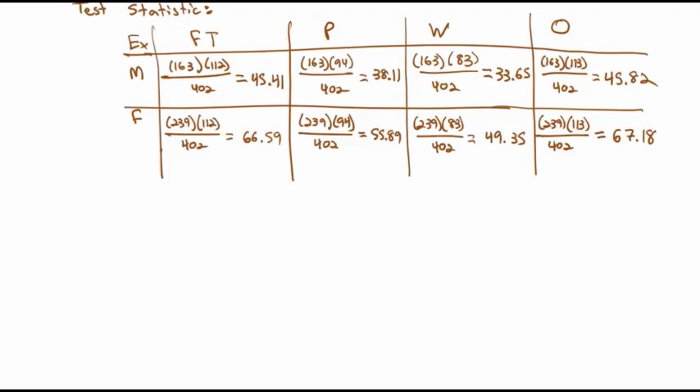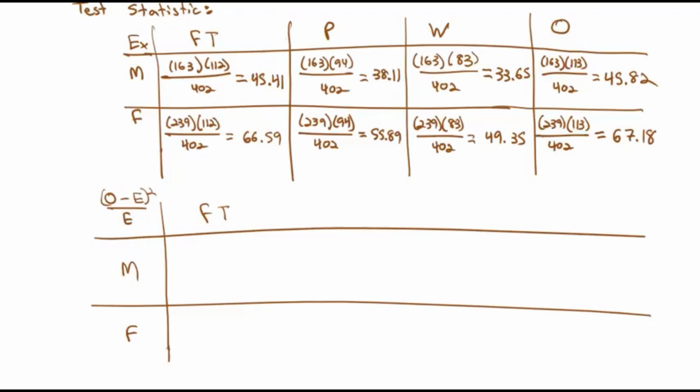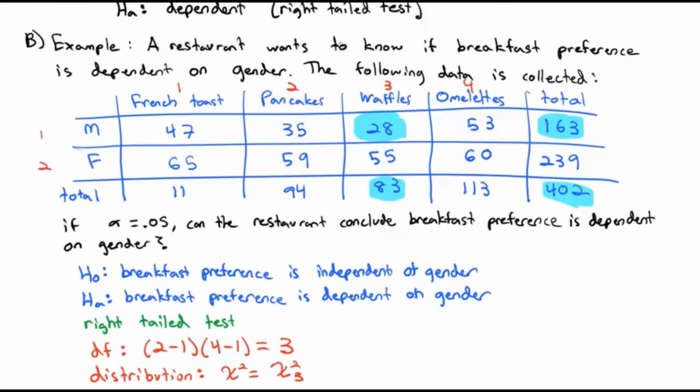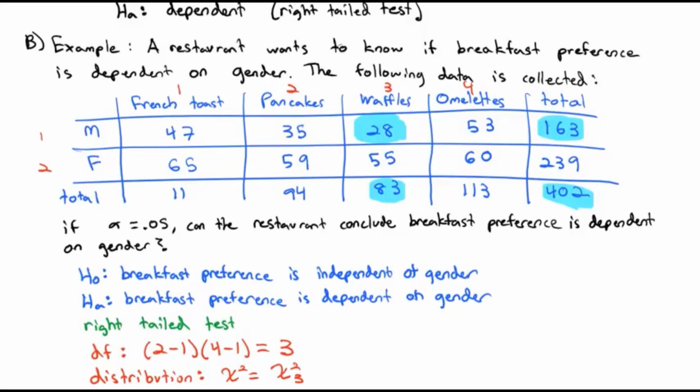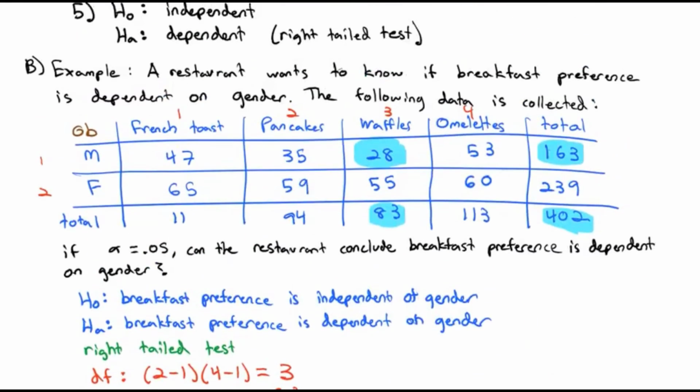Next, I'll make another table that does the observed minus the expected squared divided by the expected. For our males, females. First with the French toast. Our first cell, and I've got to do a lot of scrolling here. Hopefully you can see it all on one screen. I'll go ahead and highlight it to emphasize what I'm looking at here.